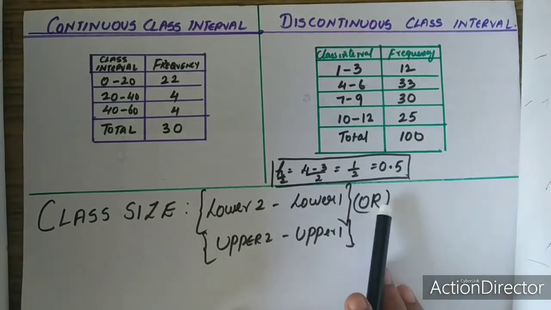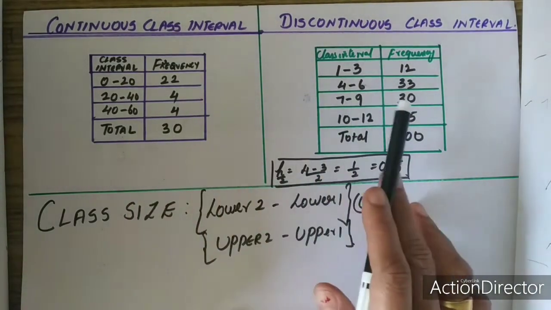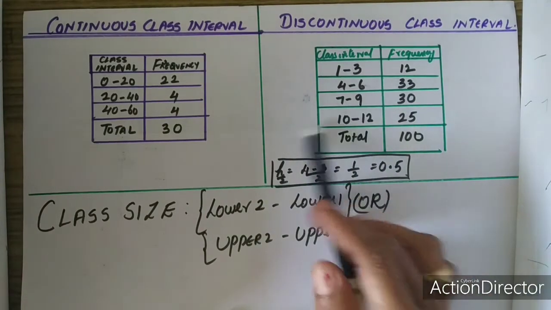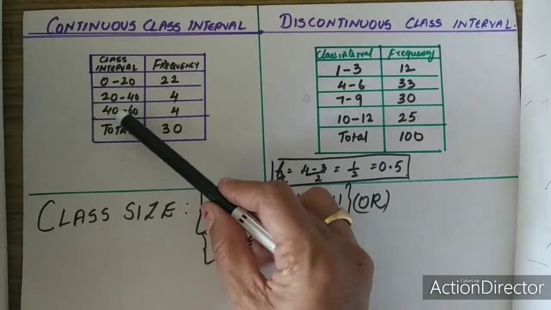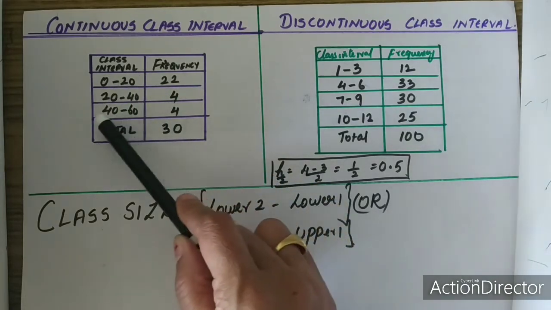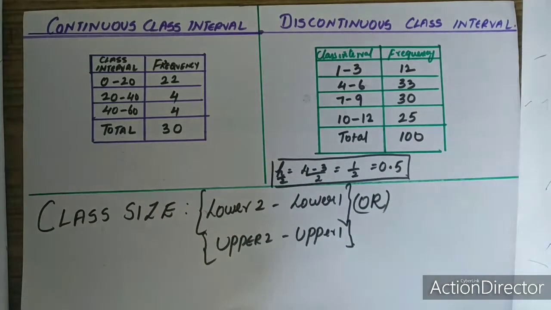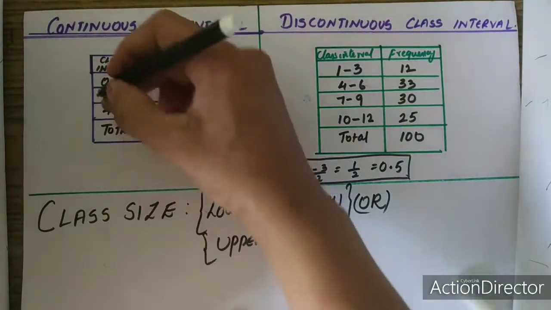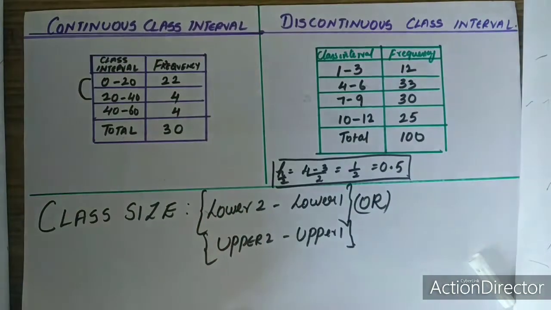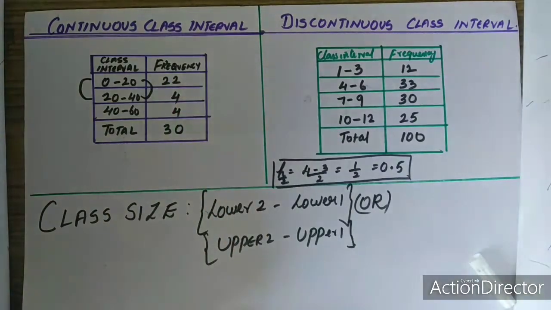Now coming to class size. In order to keep the same formula for both continuous and discontinuous, you have to subtract the lower limit from the lower limit. That is, if you have two successive class intervals, 20 minus 0 is equal to 20. So the class size will be 20. Otherwise, you can also do 40 minus 20, which is also equal to 20.